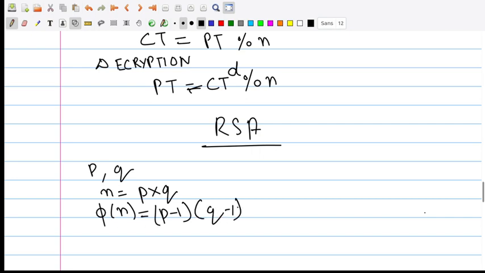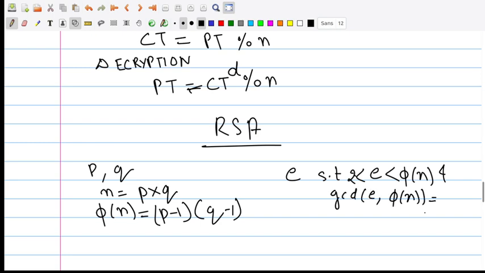Then we took e such that e is greater than 2 and less than phi n, and the GCD of e and phi n is 1, and then we had d, where e d is 1 modulo phi n.